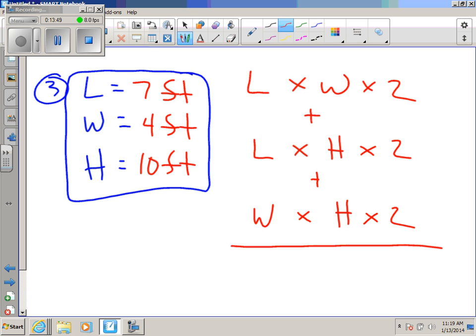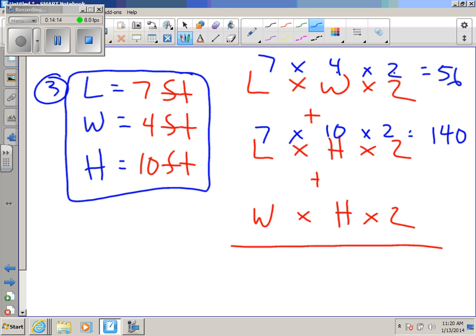So let's plug the stuff in. Let's say length is 7 times the width of 4, then times the 2. 7 times 8 is what? 56. Length of 7 times the height of 10 times 2. 70 times 2, 140.